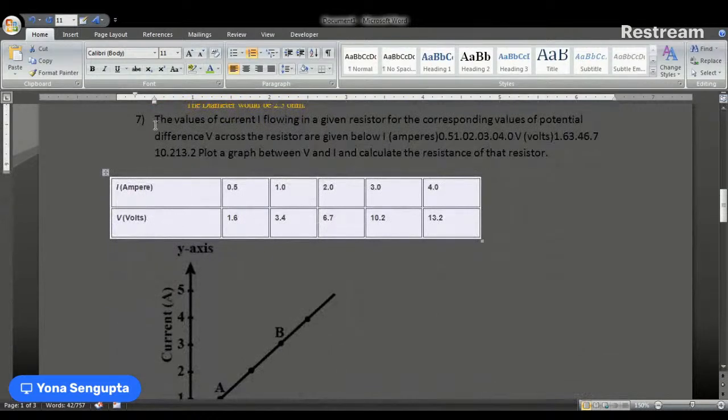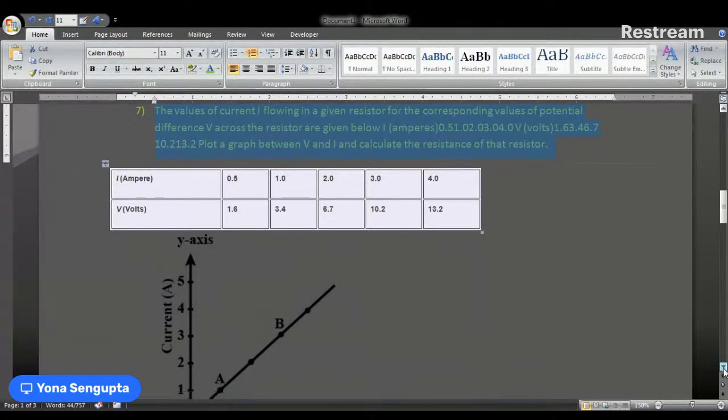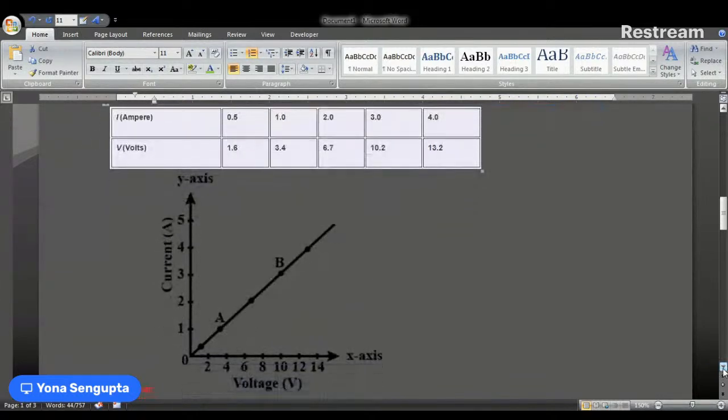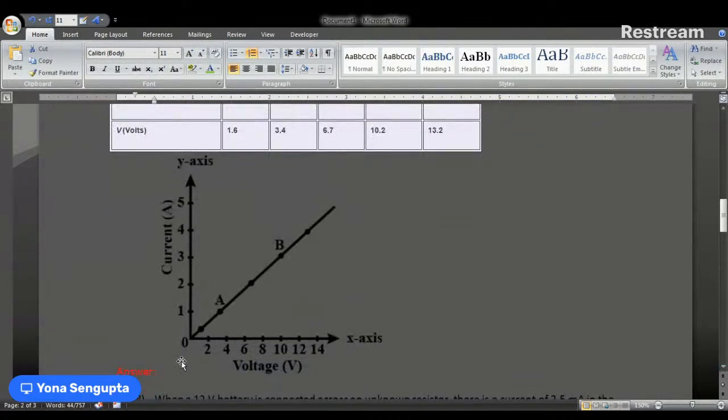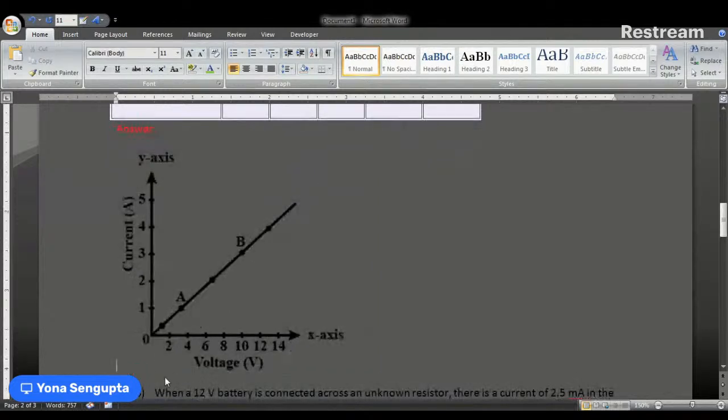Now we were doing the answer of number 7, right? So it has said to plot a graph, and this is the answer, it will look like this.